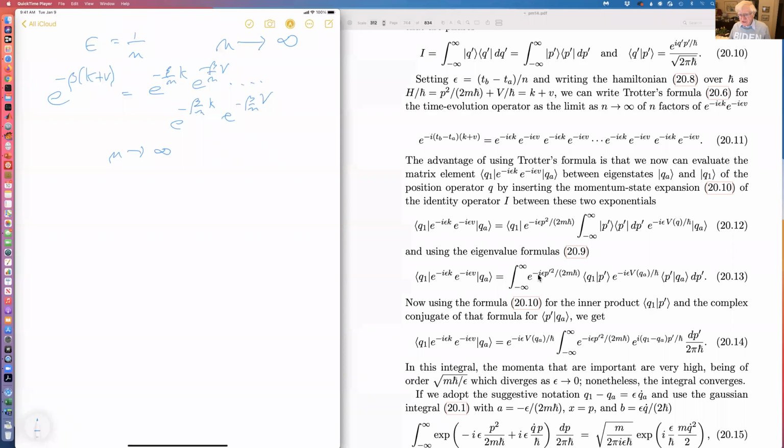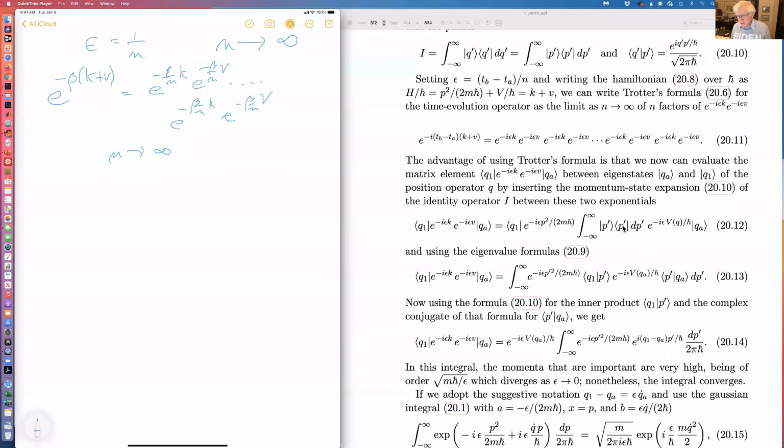And so this turns into e to the minus i epsilon P prime squared over 2m h bar, the inner product of Q1 with P prime, and then e to the minus i epsilon V of QA divided by h bar times the inner product of P prime with QA. And you still have to integrate over P prime.